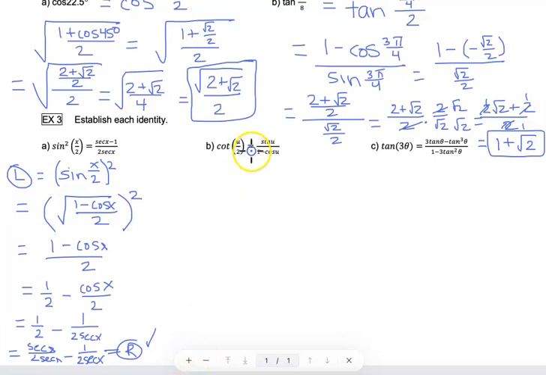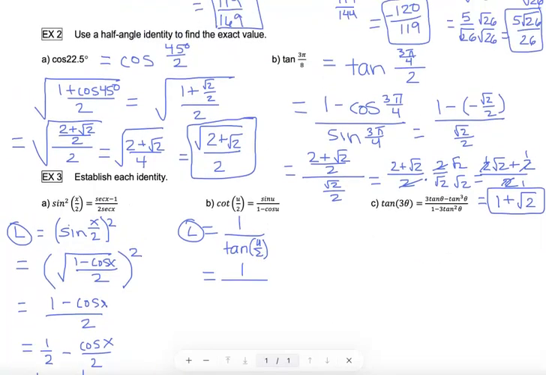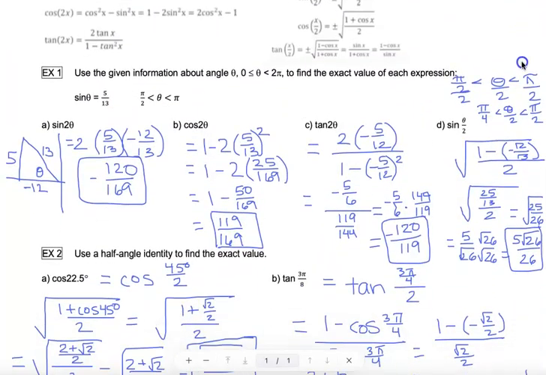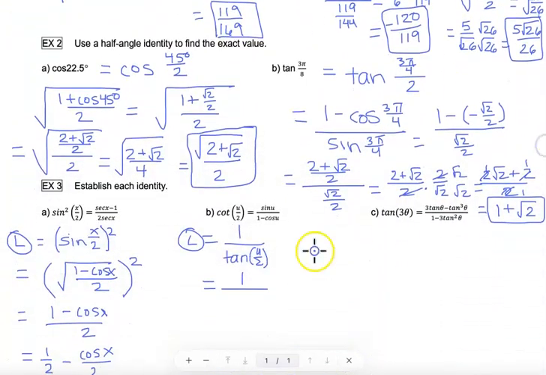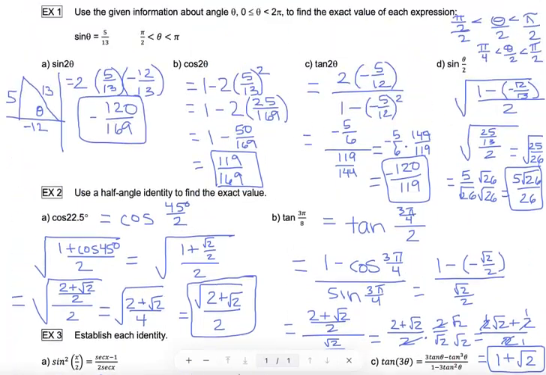All right, next one, cotangent of u over 2, and trying to get that to equal this in terms of sine and cosine. So cotangent, of course, is the reciprocal of tangent. So this is going on the left side to be equal to 1 over the tangent of u over 2. And then I have several choices on the tangent half angle, but I want one that is going to, when I reciprocal it, have the minus on the cosine and the sine by itself.